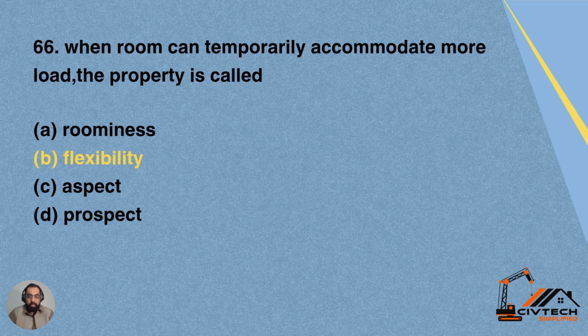Remember, we have already discussed the roominance, aspect, and prospect, and this question refers to the flexibility. So flexibility is the term which is used for the rooms which can accommodate more people or more occupants in case of some temporary or emergency issues. So that room which has the flexibility to accommodate more people is called a flexible room in a house.